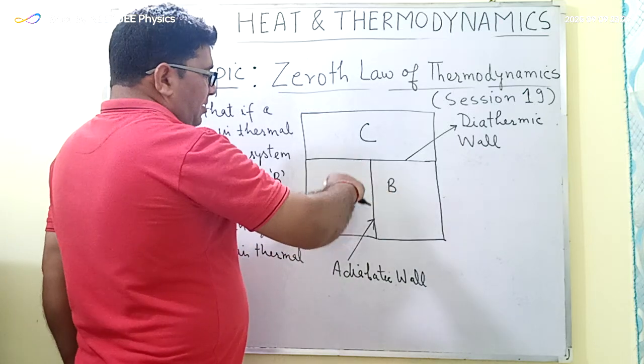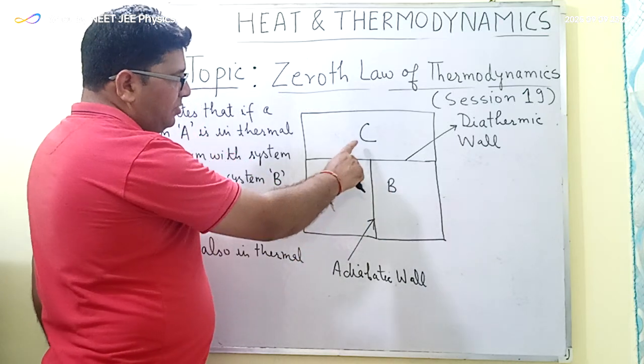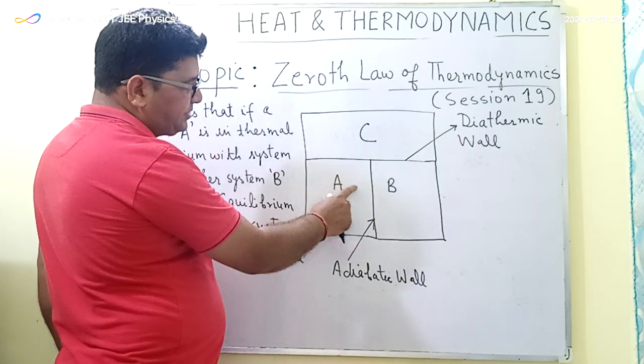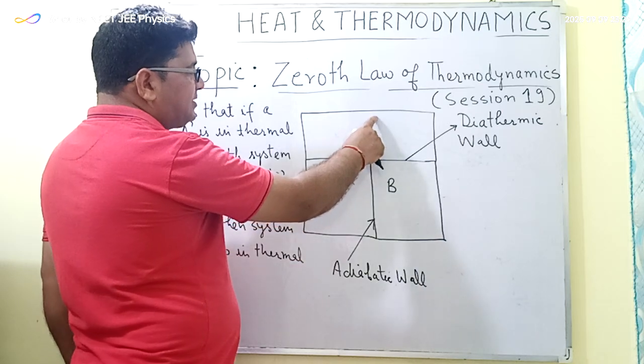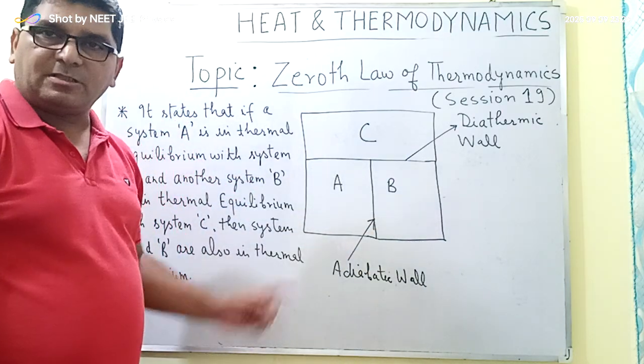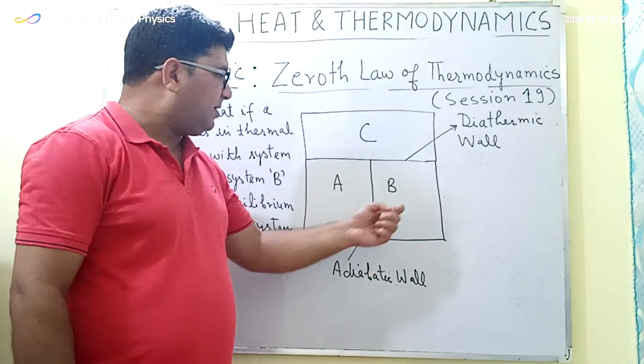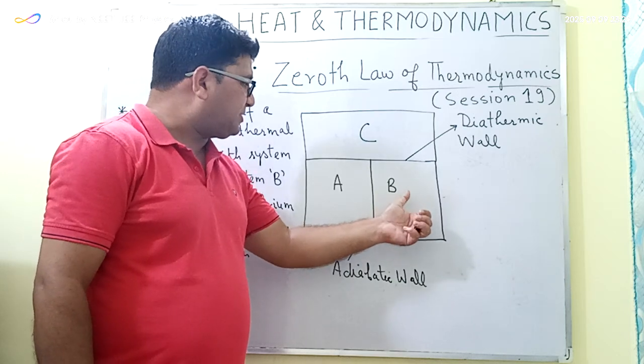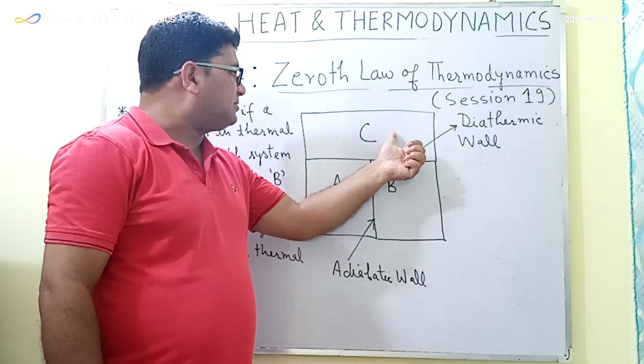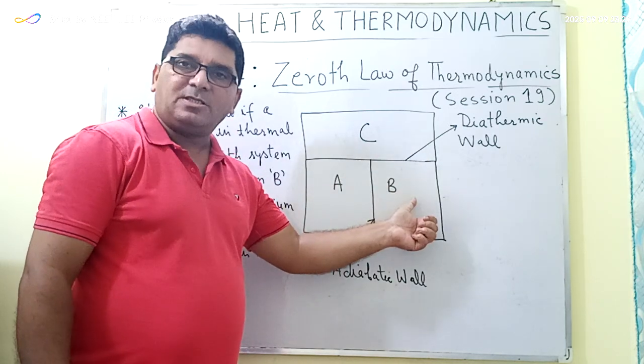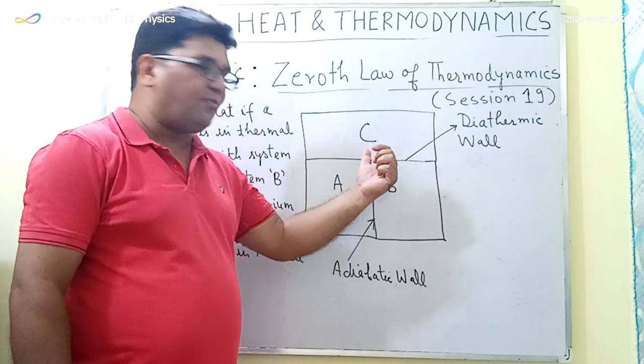So after some time, this system A and this system C will be in thermal equilibrium due to the transfer of heat, and at the same time this system B will also be in thermal equilibrium with the system C because of the transfer of heat.